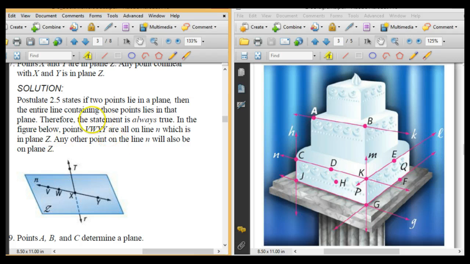So the plane would also go through that point. So once again, for our answer, we just need to state sometimes, always, or never. In this case, since it's directly related to postulate 2.5, we would state postulate 2.5 and we would say that it is always true.